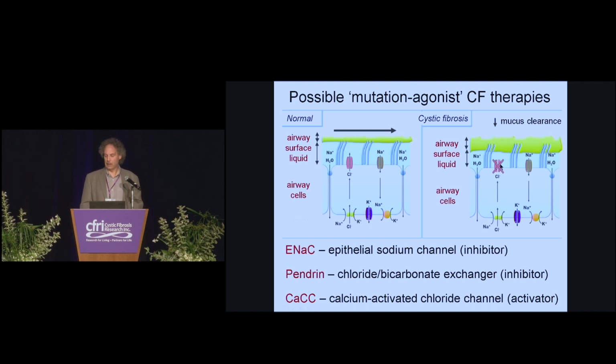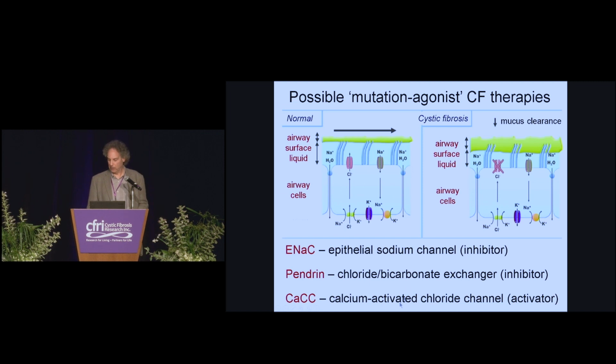In the CF lung, it becomes thickened, and mucociliary action does not occur. So one approach is to inhibit the epithelial sodium channel, inhibiting sodium uptake and thereby increasing the ASL depth. And there are at least a half dozen companies with ENaC inhibitors at various stages.